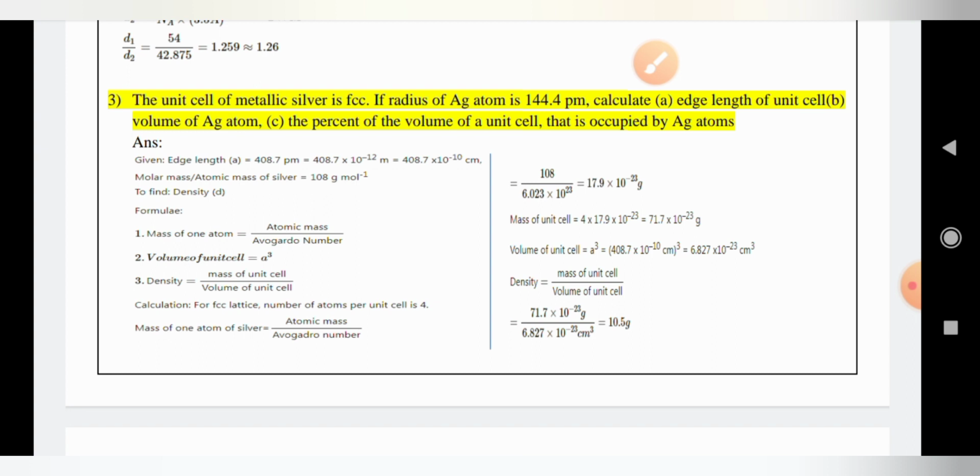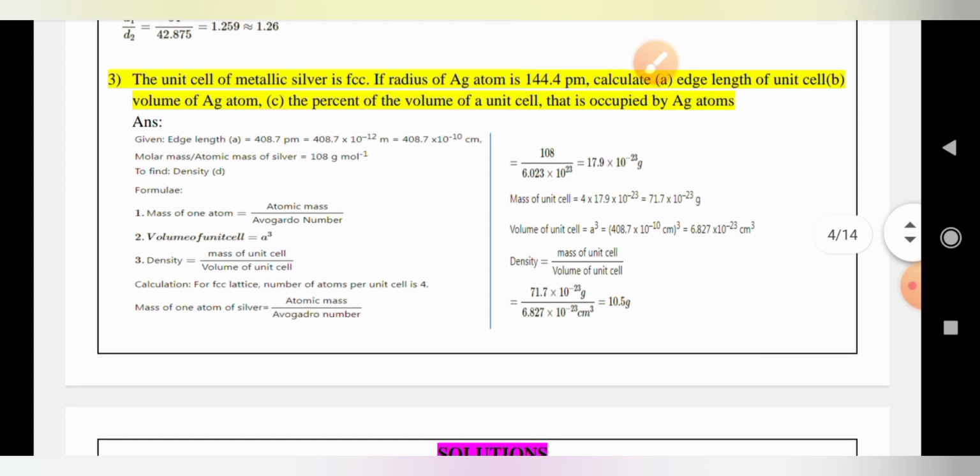So this is a numerical related again to density. All numericals of solid state are related to the density one. So this is very important. So what we have to calculate, first of all, mass of one silver atom will be the atomic mass divided by Avogadro's number. Atomic mass of silver is 108 and Avogadro's number is 6.022.